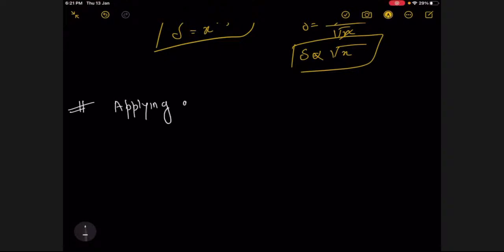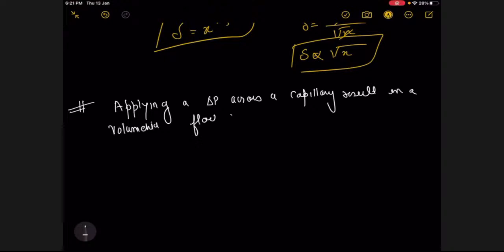Now applying a delta P across a capillary results in a volumetric flow rate Q under laminar conditions.